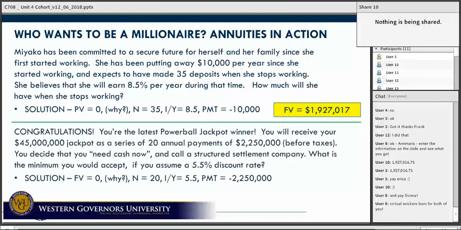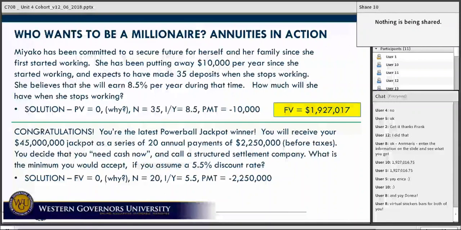All right. So let's look at the next one. You've won the Powerball jackpot, and I know you're happy about that. You've won a $45 million jackpot to be received as a series of 20 annual payments of $2.25 million before taxes each year. You decide that you need cash now, and you call a structured settlement company that may or may not run multiple commercials during daytime television.